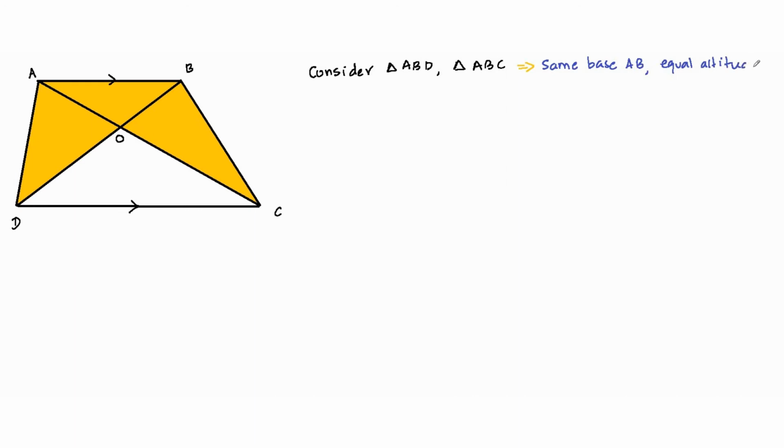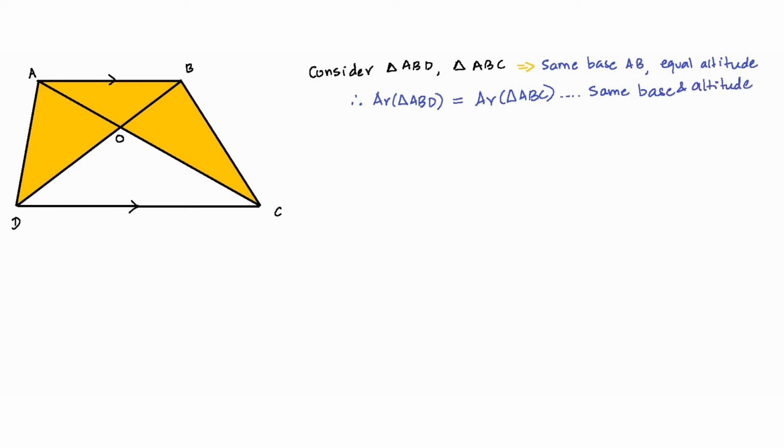Equal altitude means they are between the same two parallel lines, that is AB and CD. So these two triangles have the same altitude, and therefore I can say that area of triangle ABD will be equal to area of triangle ABC. The reason being, these two triangles have the same base as well as the same altitude, right?